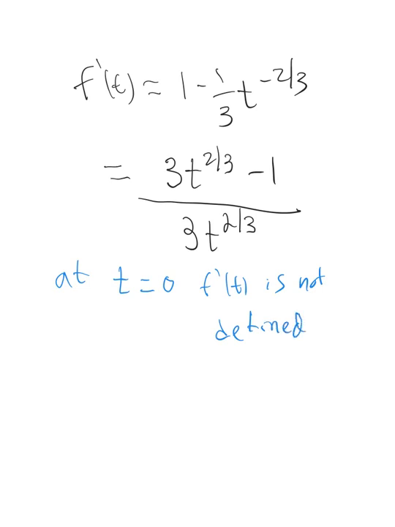And if you set the numerator equal to 0, so we have to now solve 3t to the 2/3 minus 1 equals 0, we get t equals the square root of 3 over 9.